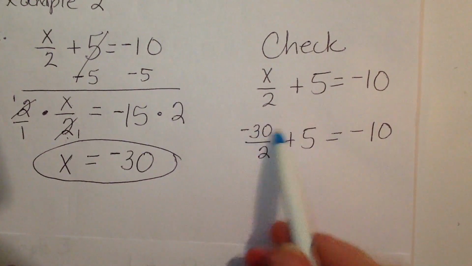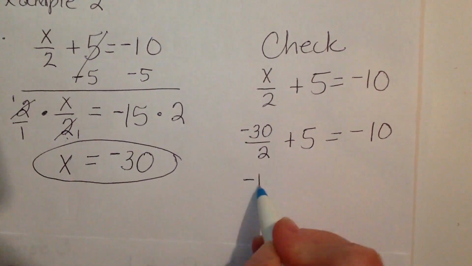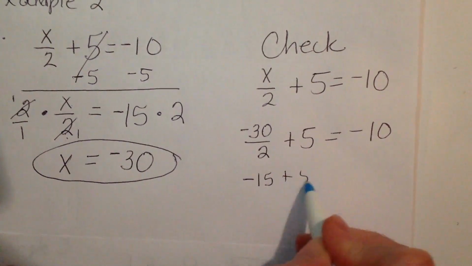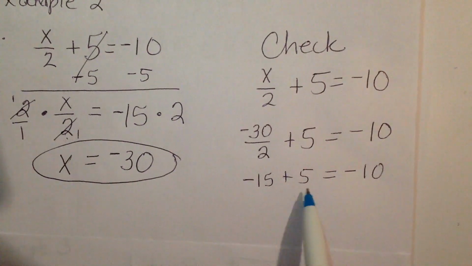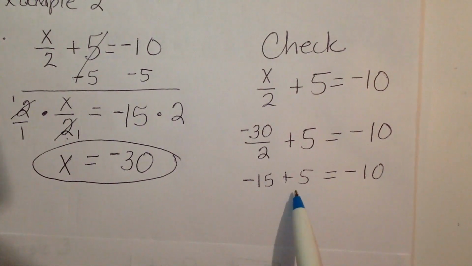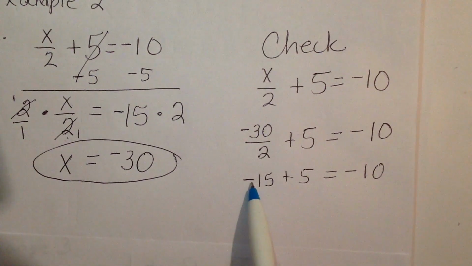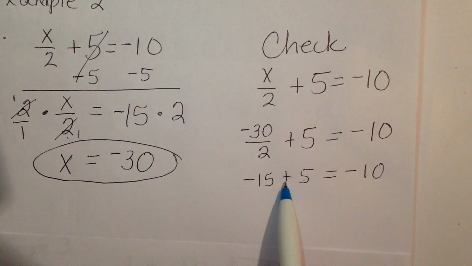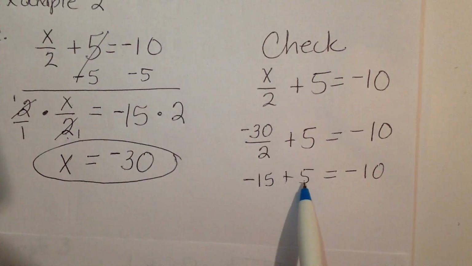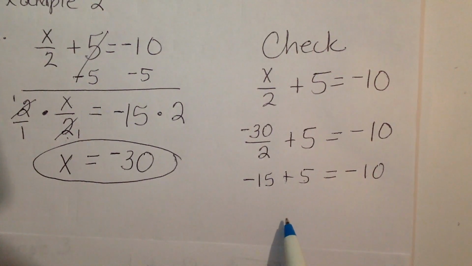Dividing negative 30 divided by 2 gives you negative 15 plus 5 equals negative 10. Continue solving on the left side. We're adding negative 15 plus 5. Recall your rules. If you are adding with unlike signs, subtract and take the sign of the larger.